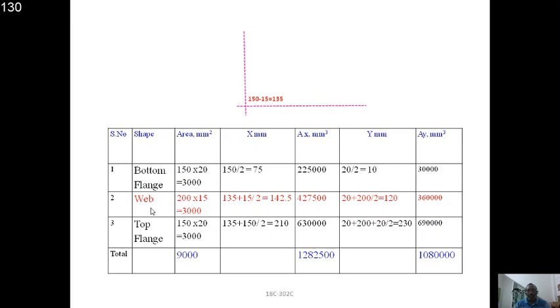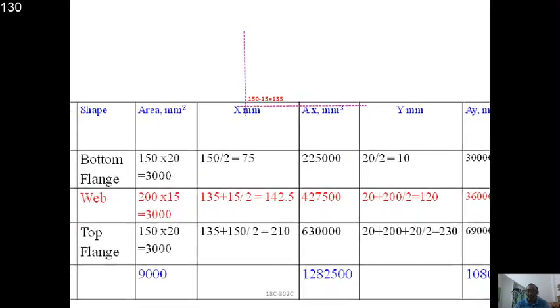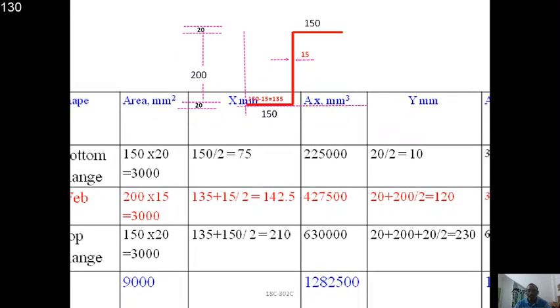So we have calculated the similar values, and please understand that we will be surprised by the values they produce. Even though we are changing the orientation, just the values of the top flange and bottom flange, please remember these values.